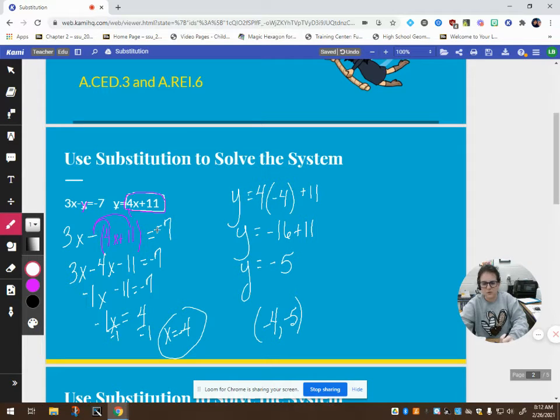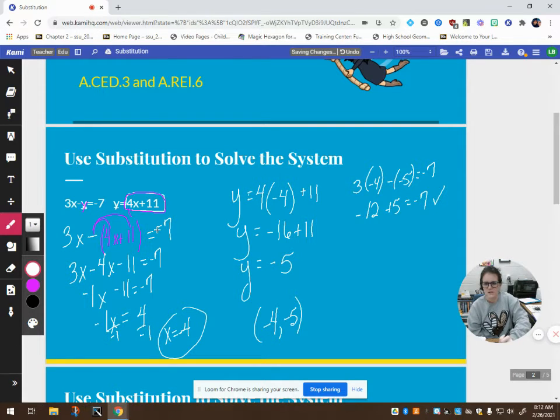I always recommend checking this with both equations. You'll know immediately if you got the problem right or wrong. So 3 times -4 minus a -5 should equal -7. So -12 plus 5 should equal -7, and it is true, it does.